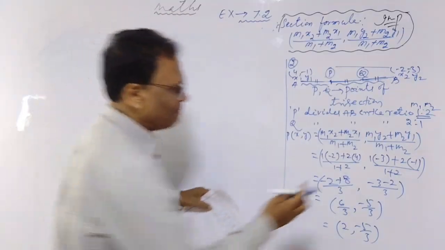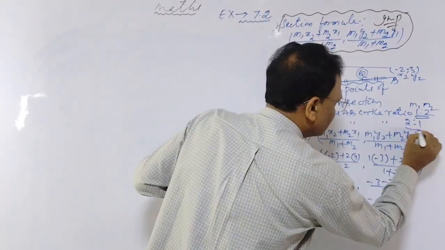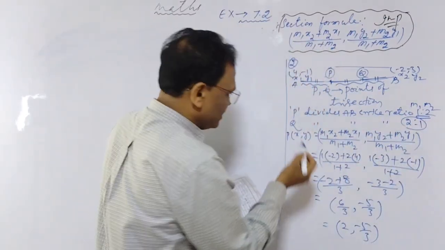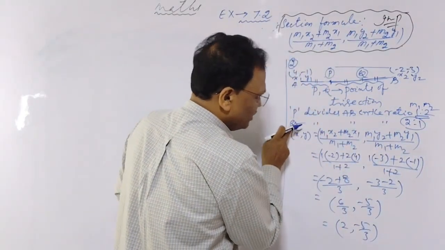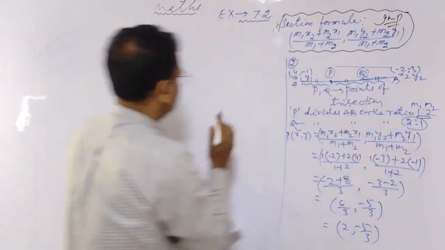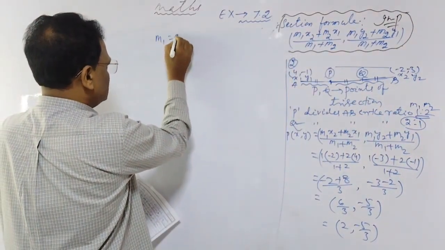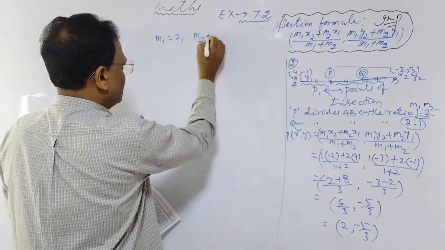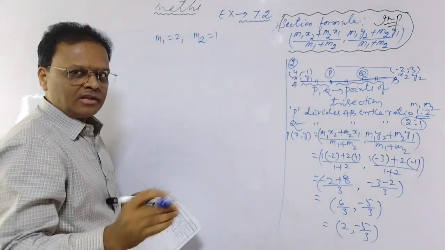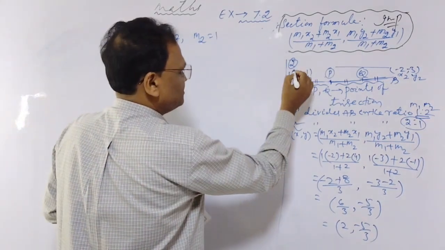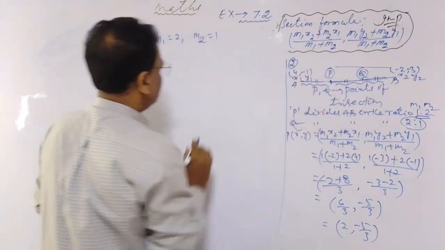But what is my m1 m2? Look here. Because I'm finding the coordinates of Q, Q divides AB in the ratio of 2:1. That means my m1 is 2 and m2 is 1. x1 y1 x2 y2 remain as they are.